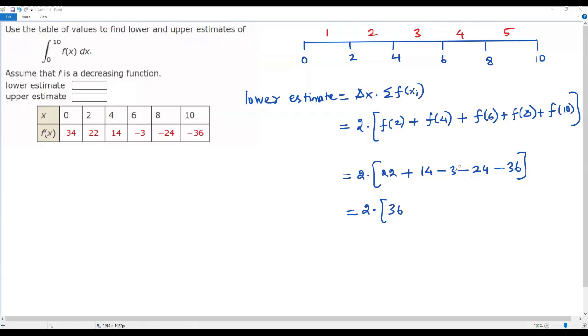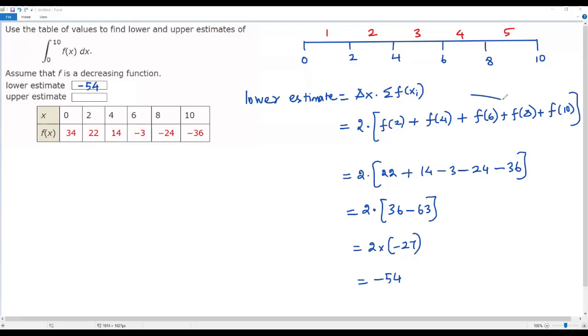Combining the three negative values, negative 3, negative 24 and negative 36, I get negative 63. So 2 times 36 minus 63 is 2 times negative 27, which is negative 54. So the lower estimate is negative 54.